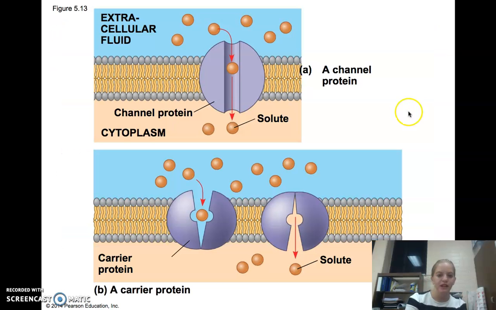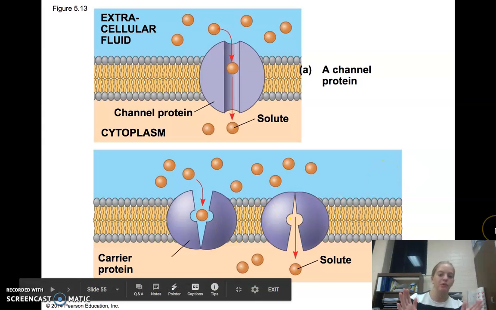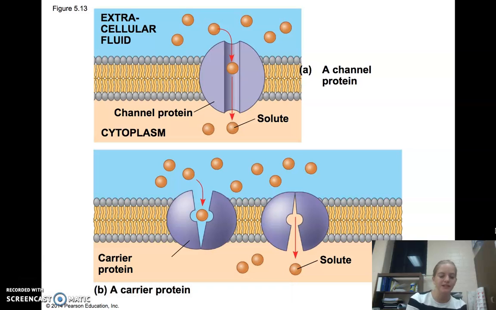So you can see here, this is a channel protein, and when the molecules are ready to come through, you can see they tend to be a little bit larger when it comes to facilitated diffusion. That channel protein is just going to open up, and those molecules are going to be able to come through. The other type of facilitated diffusion happens through what's known as a carrier protein, and these proteins never open up all the way like a channel protein does.